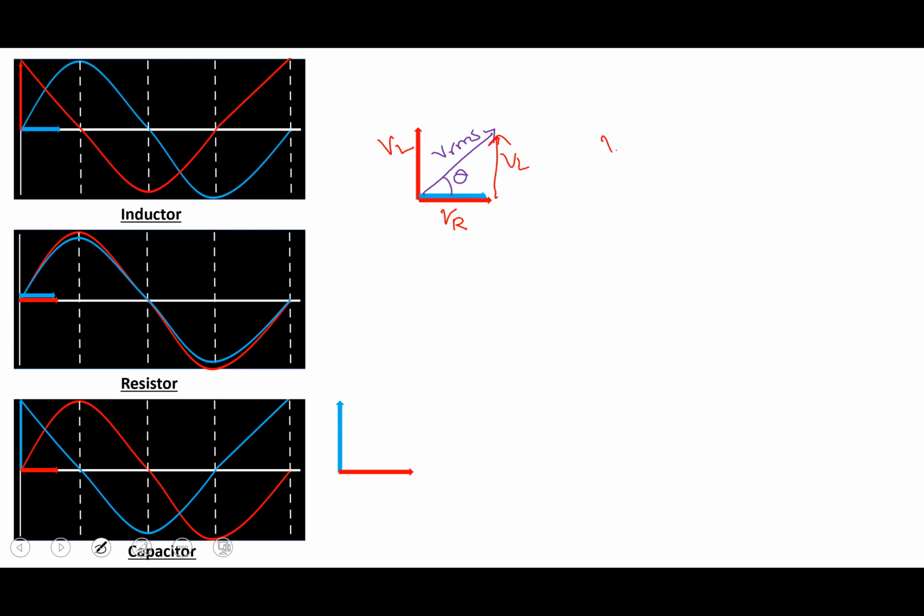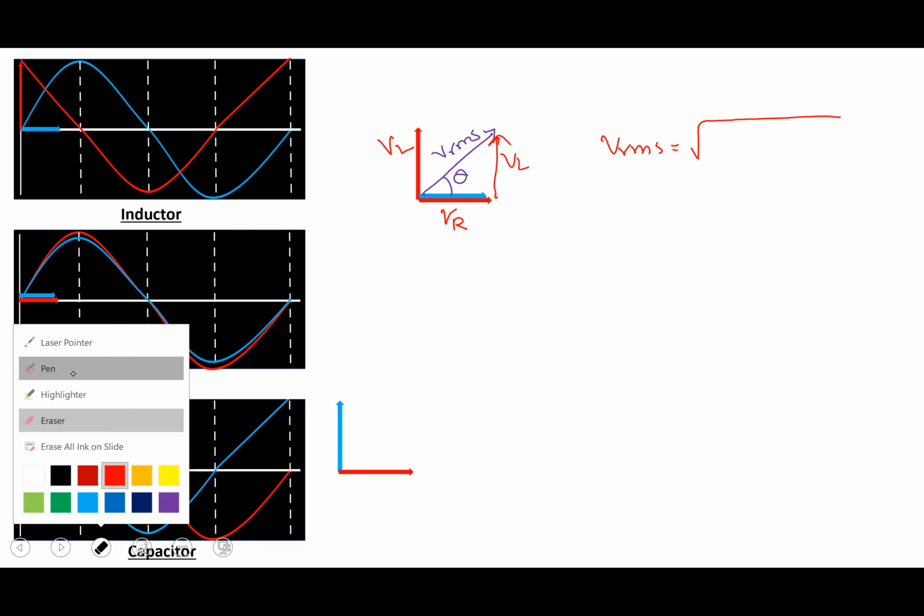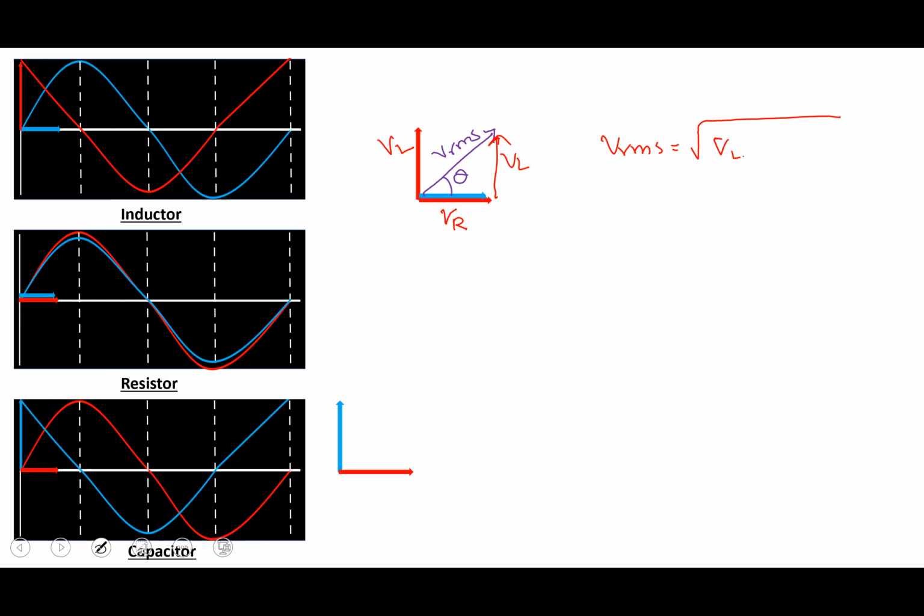So using the Pythagoras theorem, VRMS is equal to the square root of VL square plus VR square.